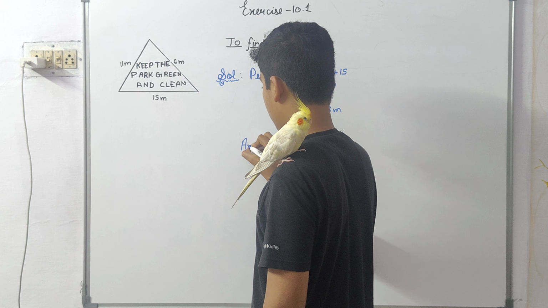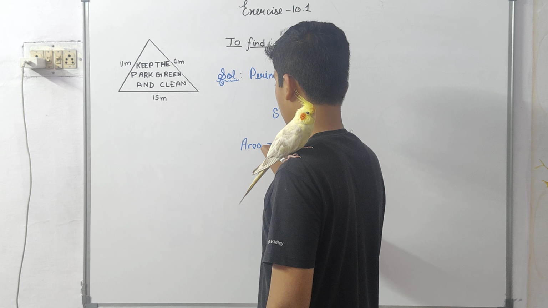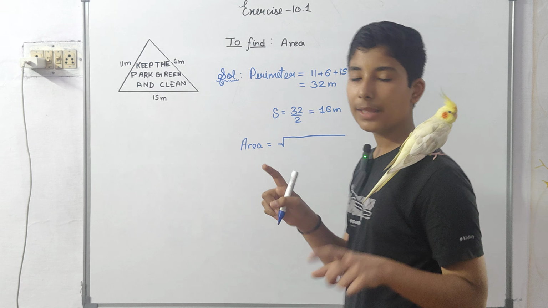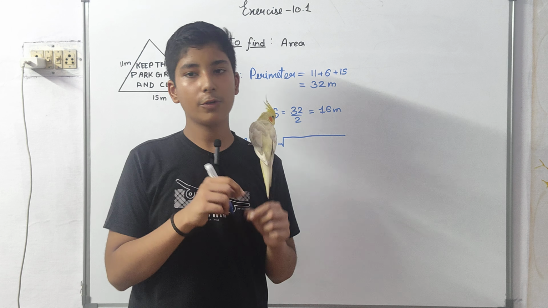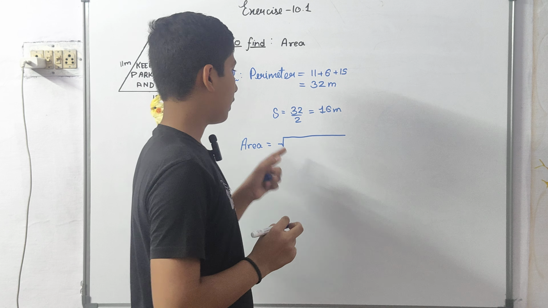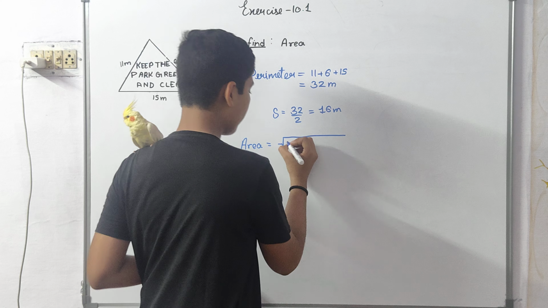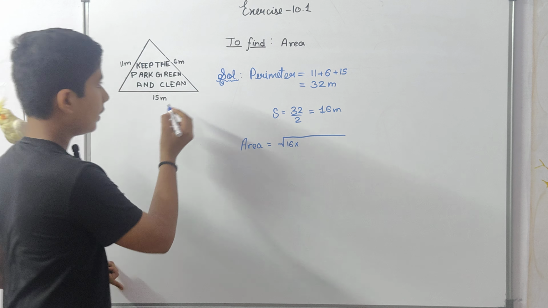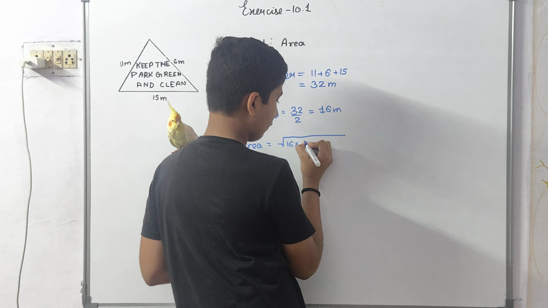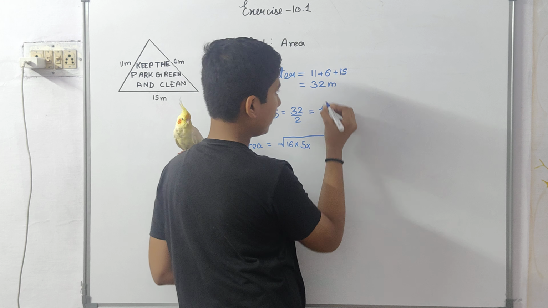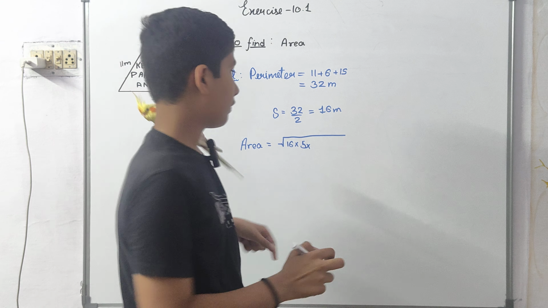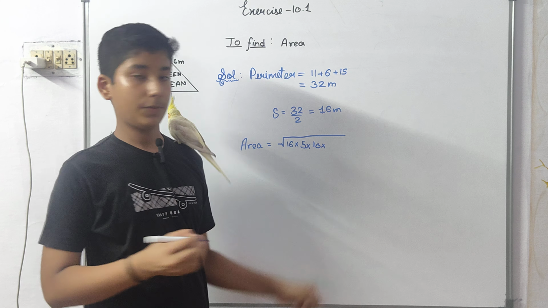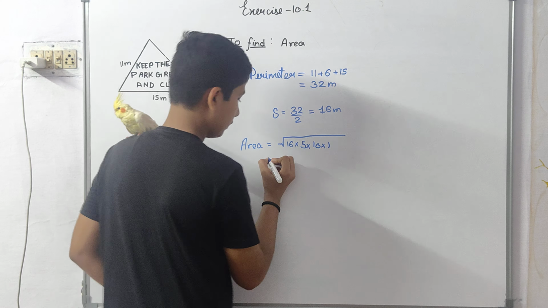Now area equals root of S minus A into S minus B into S minus C. First of all we'll write S, which is 16, into S minus A, 16 minus 11, which is 5, into 16 minus 6, which is 10, into 16 minus 15, which is 1.